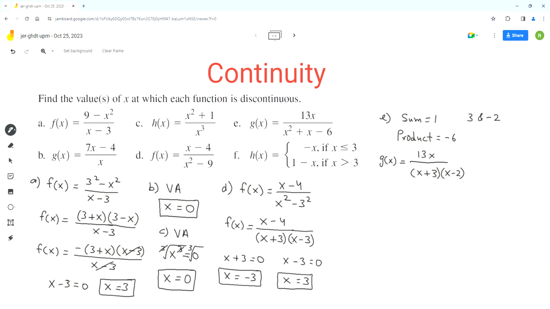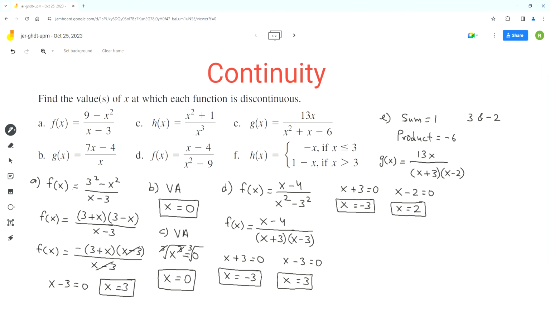So for the first asymptote, we'll set the first factor equal to 0 and solve for x, so we get x equals negative 3. So this is our first point of discontinuity in this function. And for the second one, we set the second factor equal to 0 and we get x equals 2. So this is the second point of discontinuity in this function. So this function has 2 points of discontinuity.